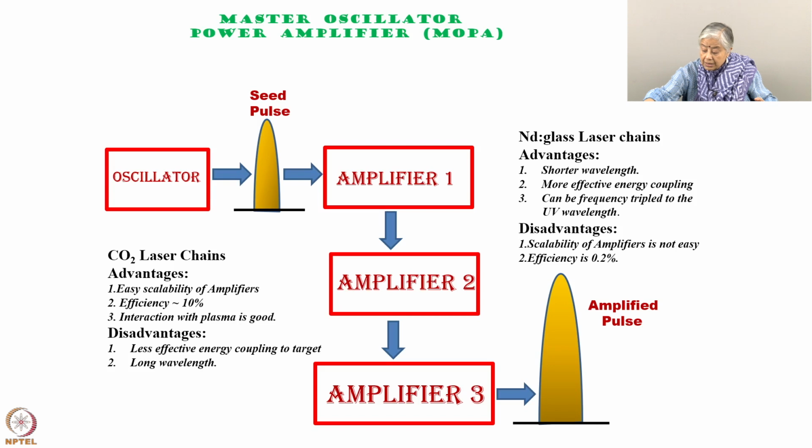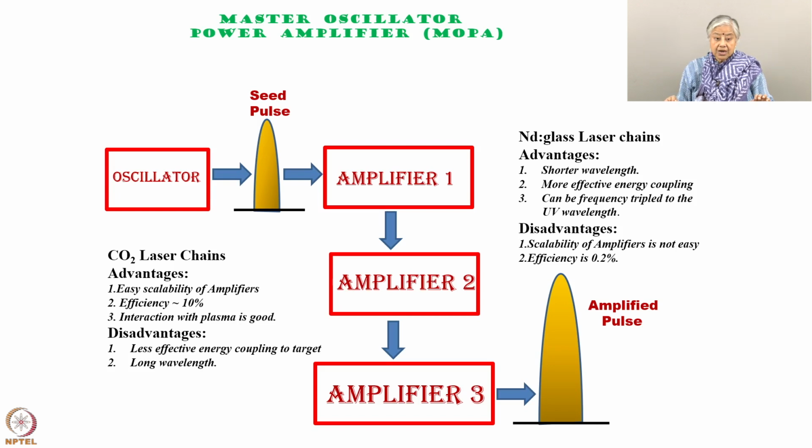Now, in case of fusion, there are two kinds of laser systems or MOPA chains that have been developed over the years. One is the carbon dioxide laser chain and one is the Nd glass laser chain. Okay.